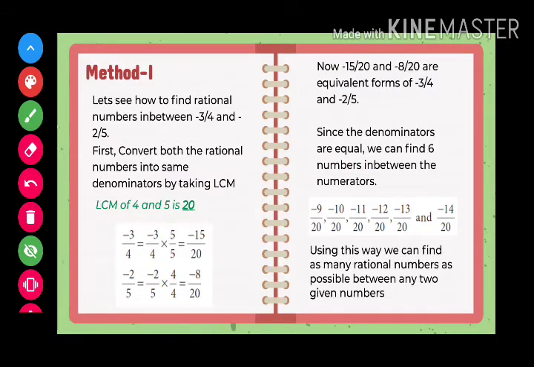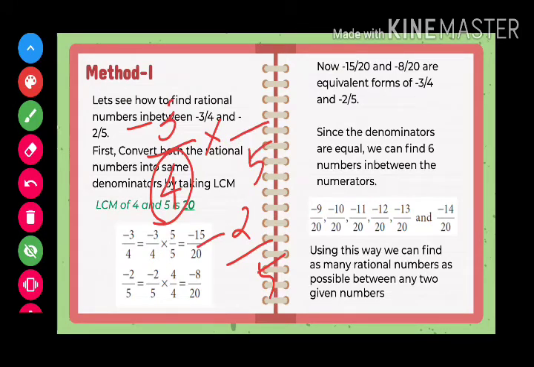Now we have two numbers, minus 3 by 4 and minus 2 by 5. We have to multiply 4 with a certain number such that the denominator becomes 20. What number will we multiply? Yes, we'll multiply the 4 by 5 such that the denominator becomes 20. In the same way, we should also multiply the numerator by 5.